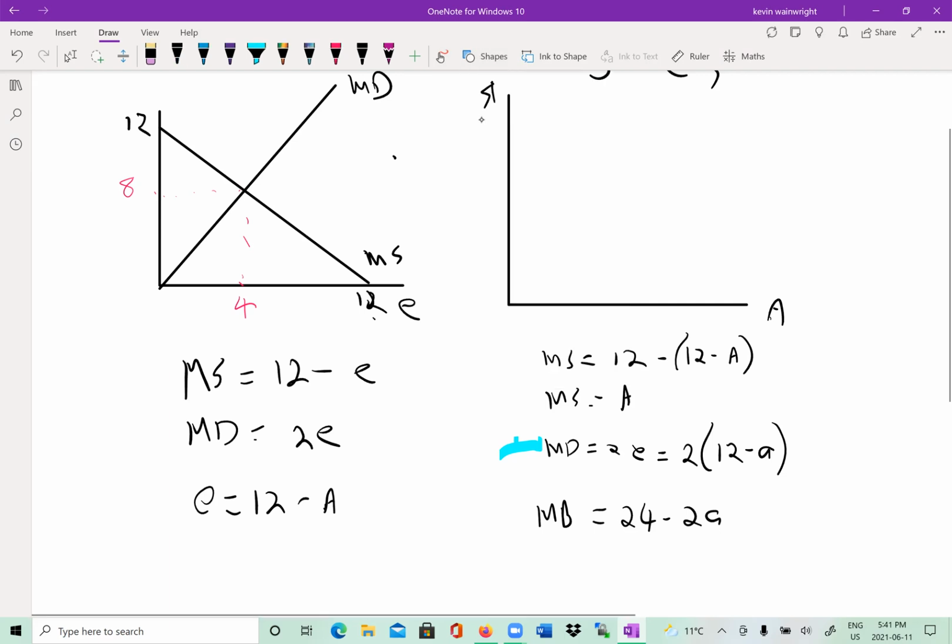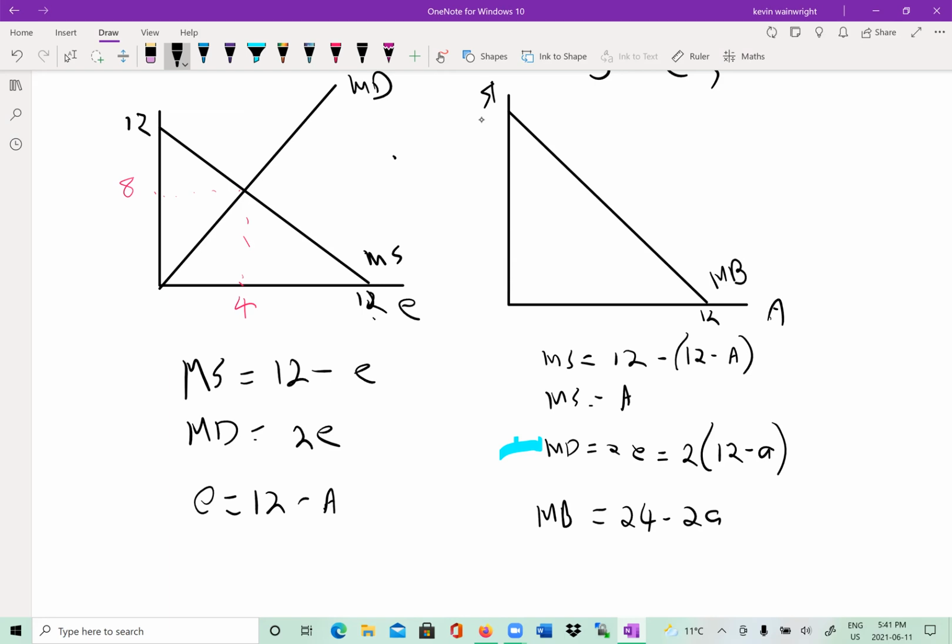and we have the marginal benefit of abatement, and the marginal abatement cost, the marginal cost of abatement, is given by this line.